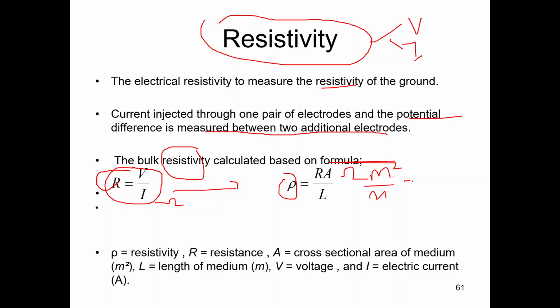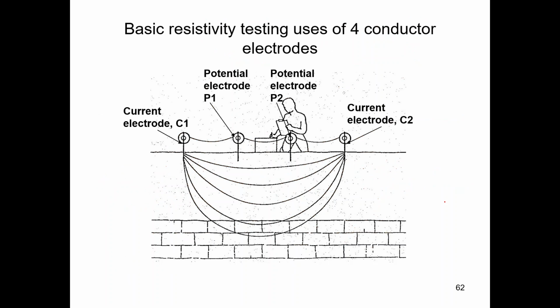You cancel off a meter, so the unit of resistivity is ohm meter. So you need a pair of current electrodes to inject current into the ground, then you are able to measure the potential between the two other electrodes on the ground.